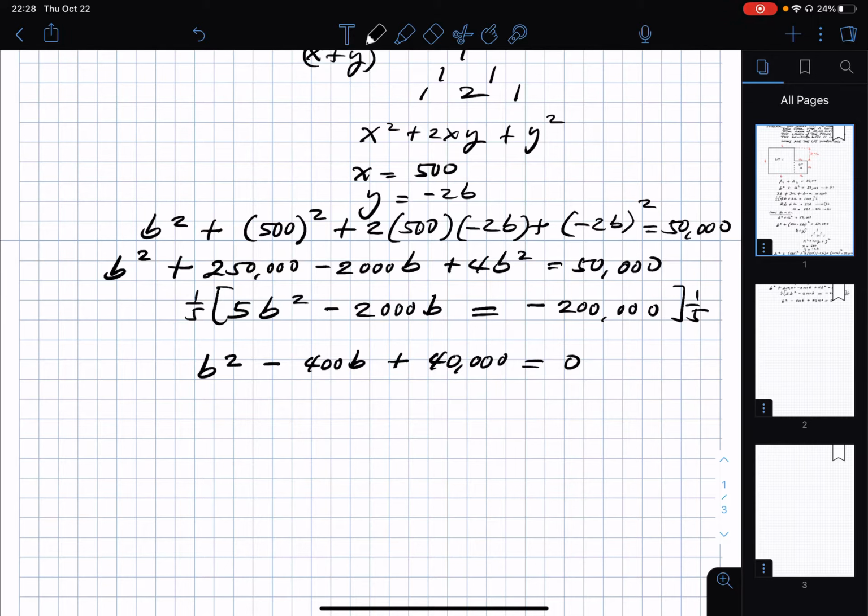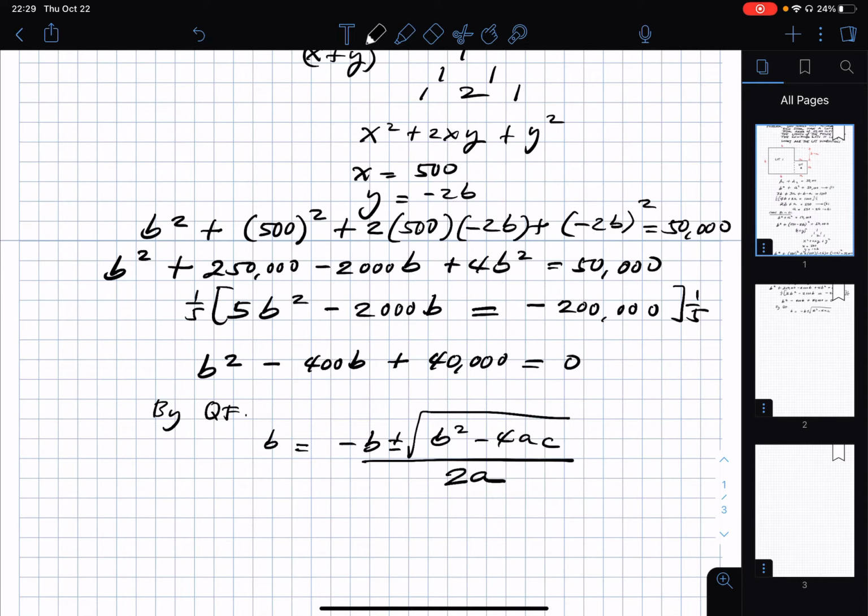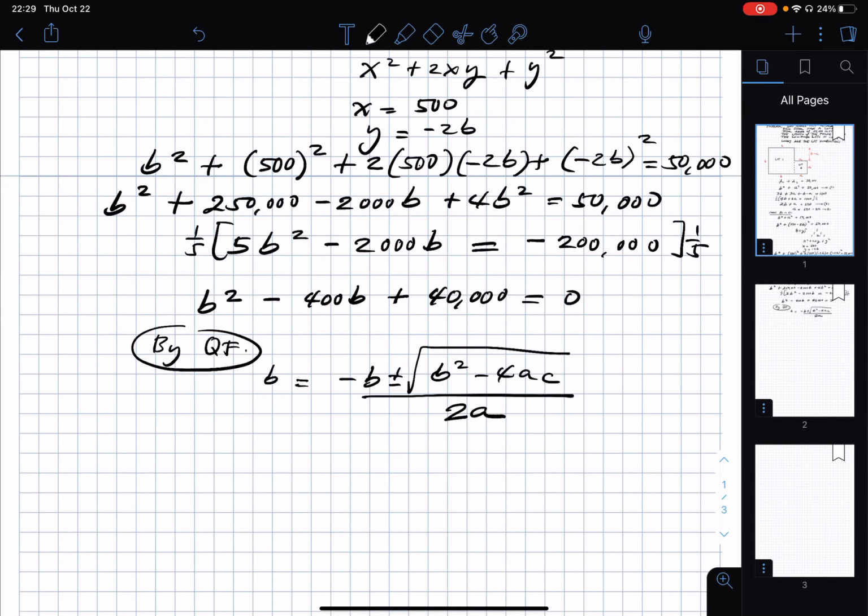Okay, so a quadratic equation, okay, by quadratic formula, we can say that the value of b is minus b plus or minus the square root of b squared minus 4ac divided by 2a. Okay, so this is by quadratic formula. So in quadratic formula, b is minus 400.